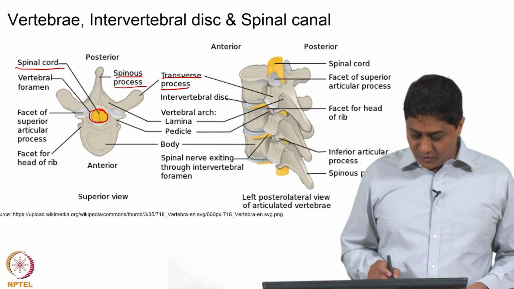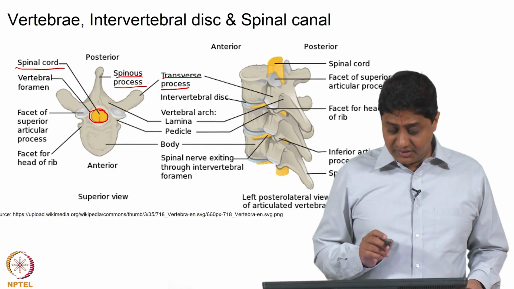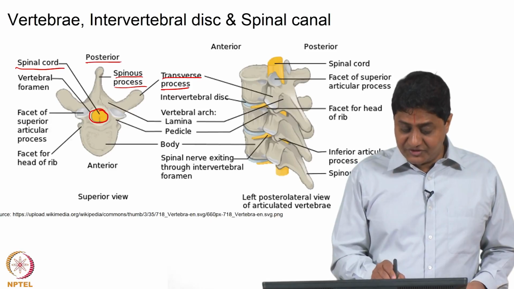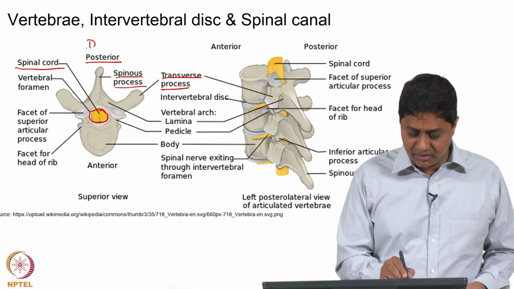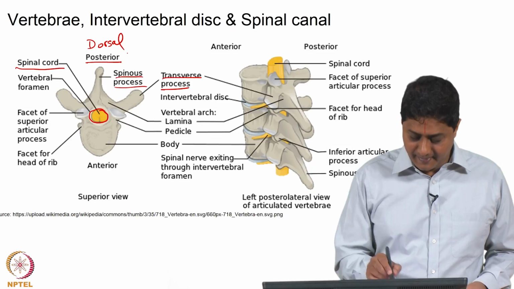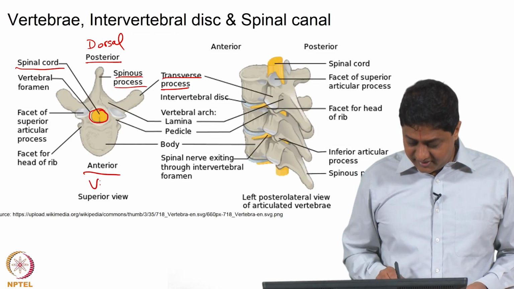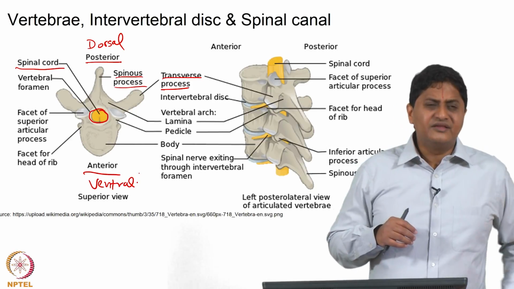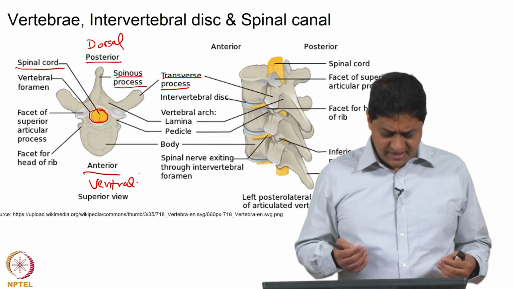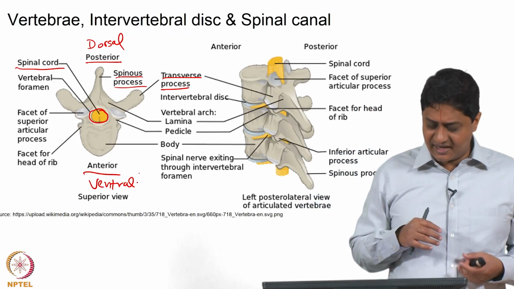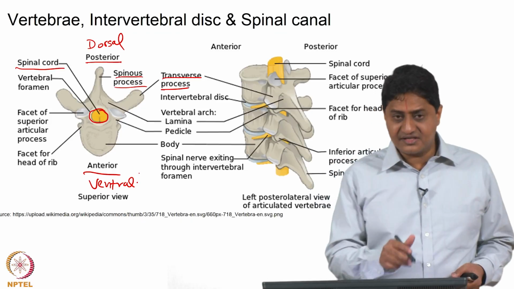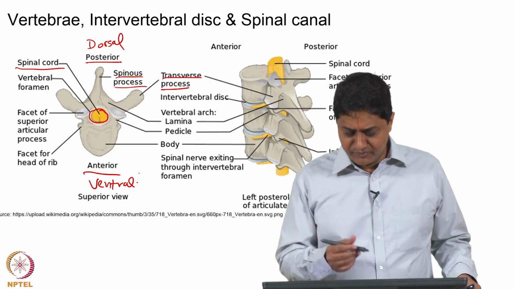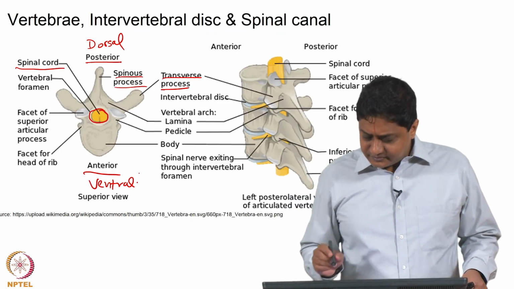Note how this is looking. This is the posterior side or the dorsal side, this is the anterior side or the ventral side. The back side is called the posterior side and the front side is called the anterior side. Please check this terminology for more clarity, okay.